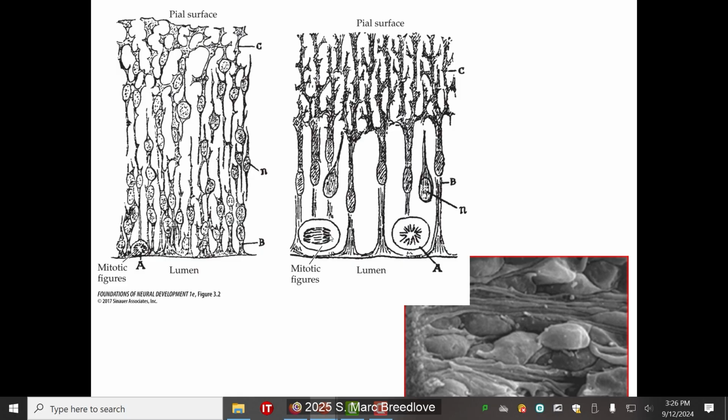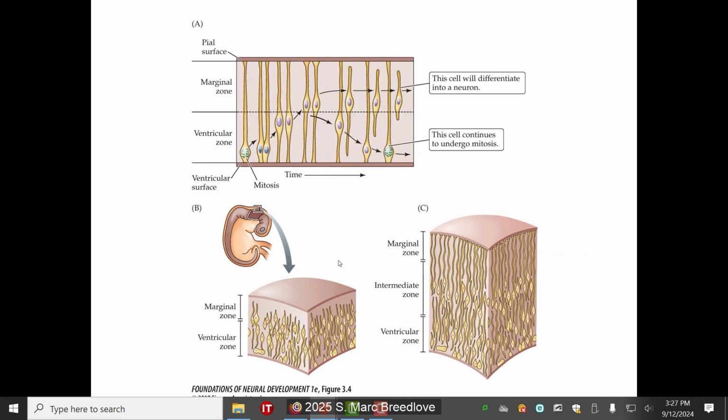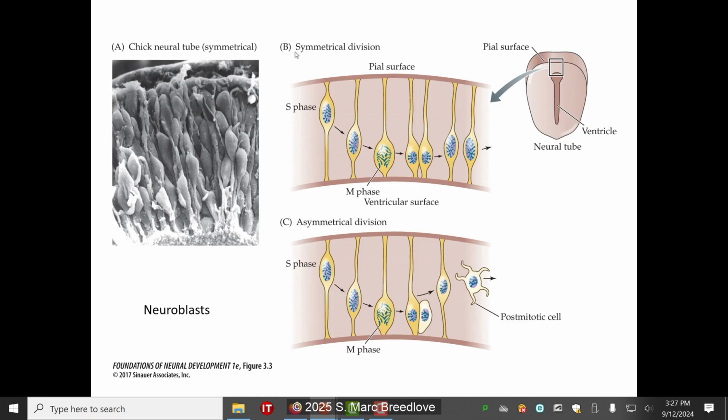And again, looking at images at different stages, they eventually also intuited that the mitotic figures only happen at the bottom, but that the nuclei are actually shuttling back and forth between the lumen and the pial surface in a manner like this.